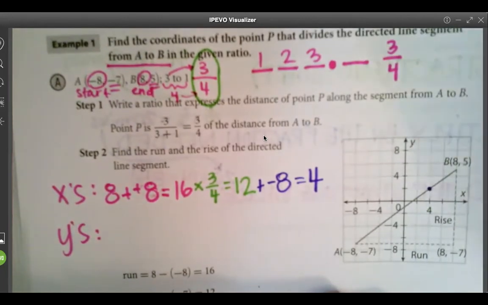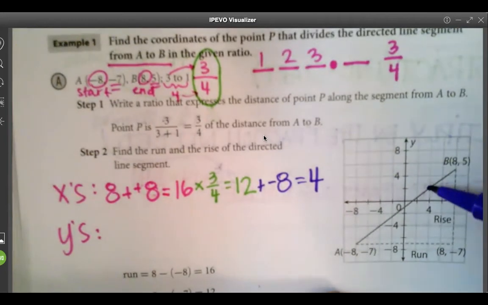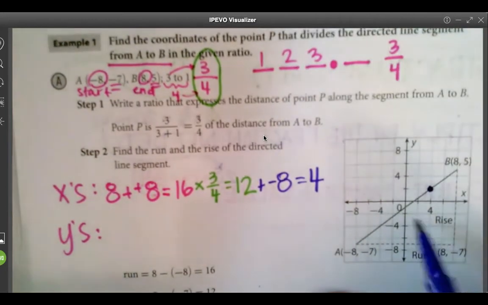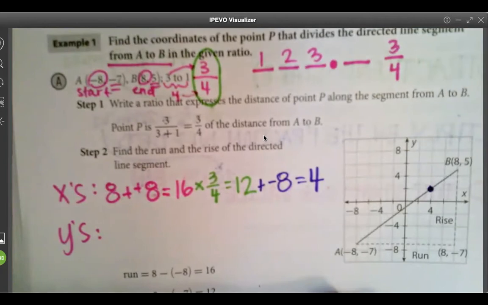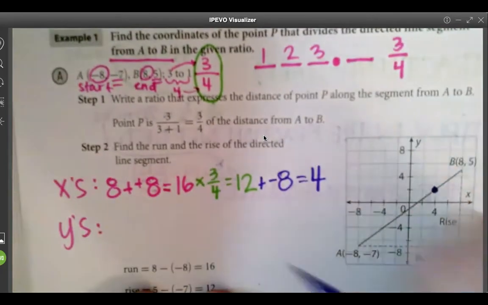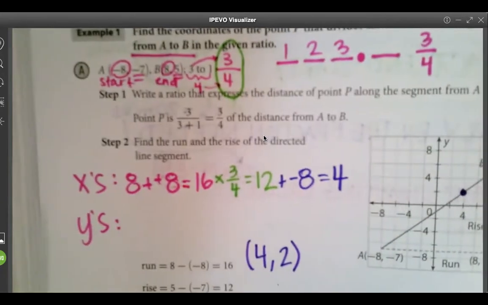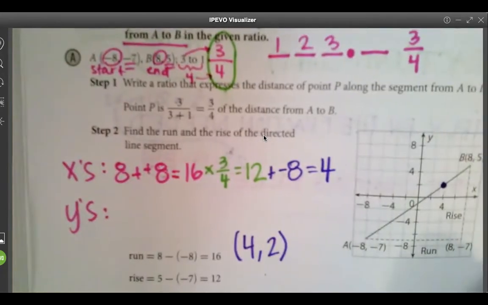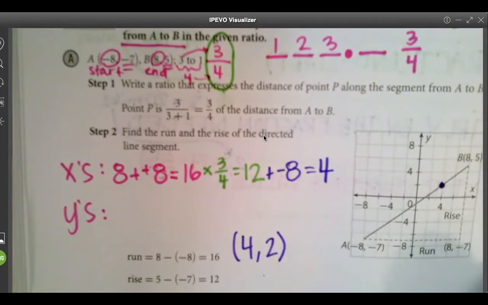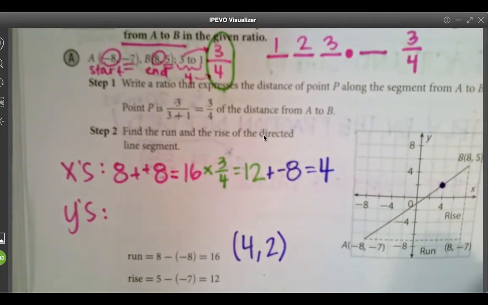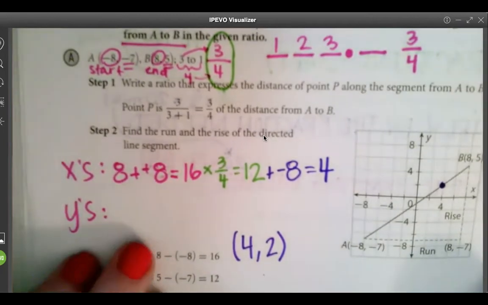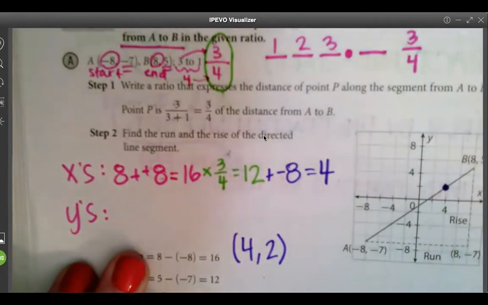So the y value, you can just look it up. It's 2. I know it's on the first line, but it goes 2, 4, 6, 8. Right. So the point is 4, 2. That's working smarter, not harder. That's what you need to do on your IXLs. You don't have to do both points. But for the sake of practicing the calculation, we're going to go ahead and do the y's. We already know what it should come out to.